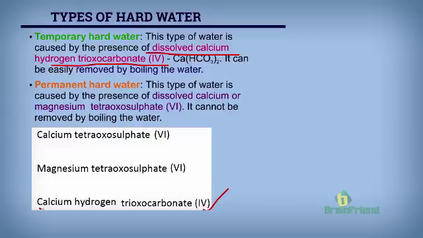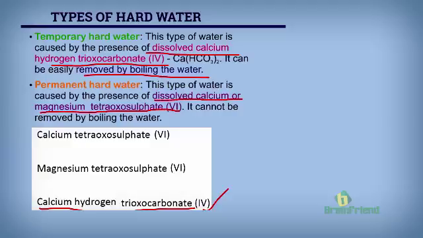This causes temporary hardness. But temporary hardness of water can be easily removed by boiling the water. For permanent hardness, it is caused by the presence of dissolved calcium or magnesium tetraoxosulfate (VI).